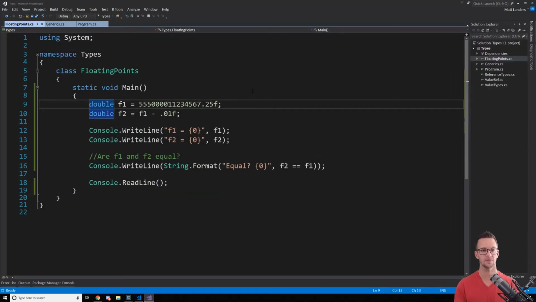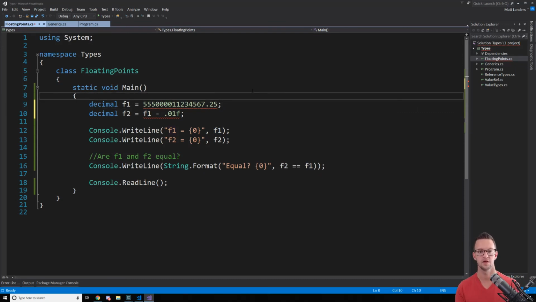Now, if you want to be sure this doesn't happen in something like C#, we can use the decimal data type. And it has an accuracy of, this number is too big for a decimal. We have to come down, I believe, just 2 more. Oh, well, we got to change it to money as well.